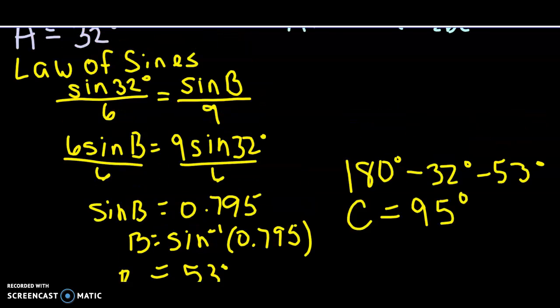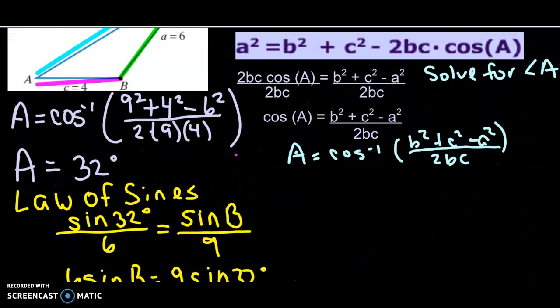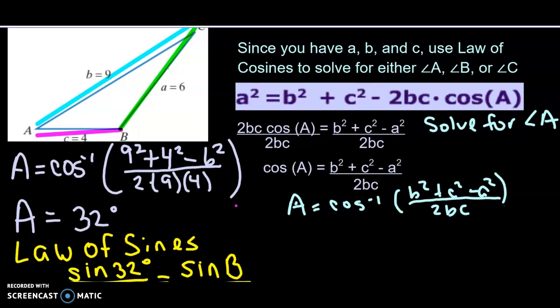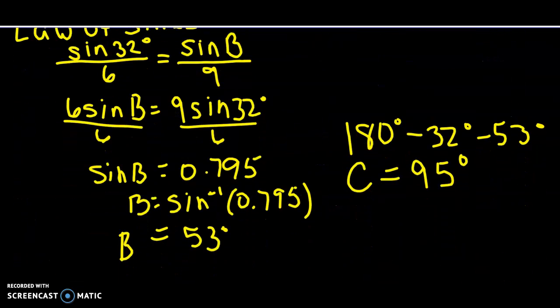Do we still have to check whether we have the case of two triangles? Yes, remember that in that case we had h equals b sine A, and we know that our length of b is 9, sine of 32.